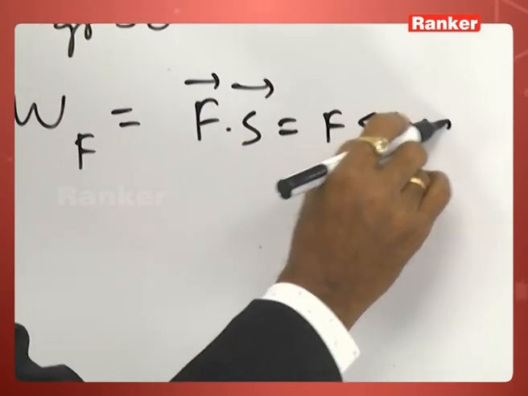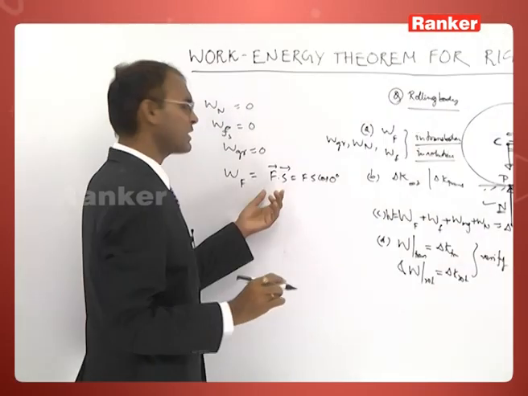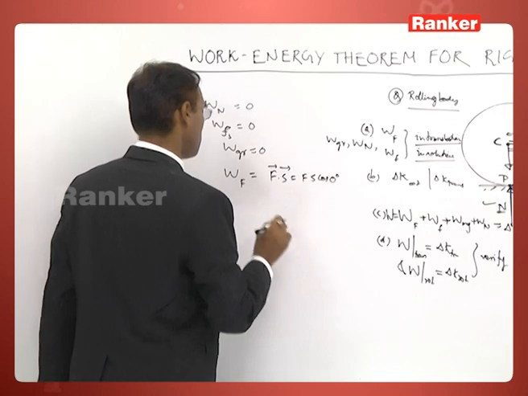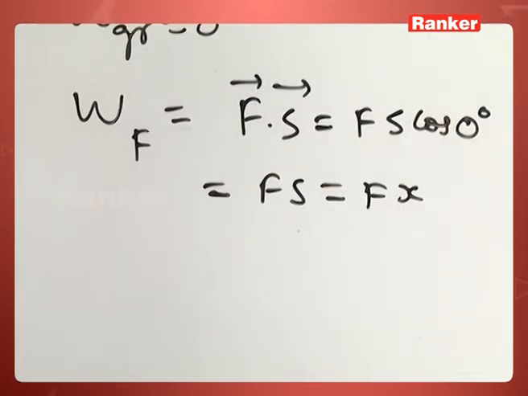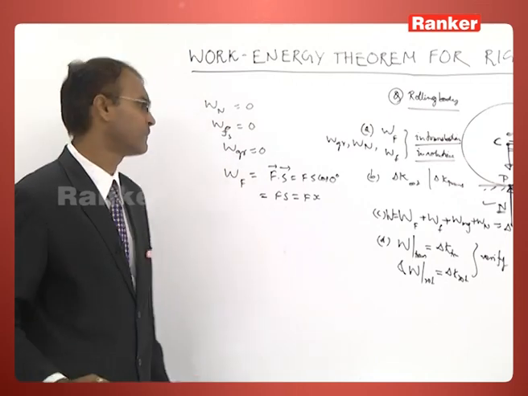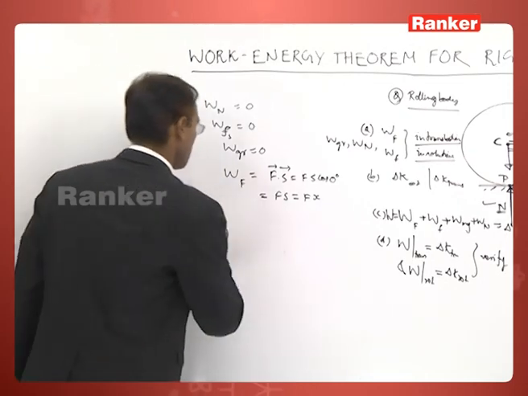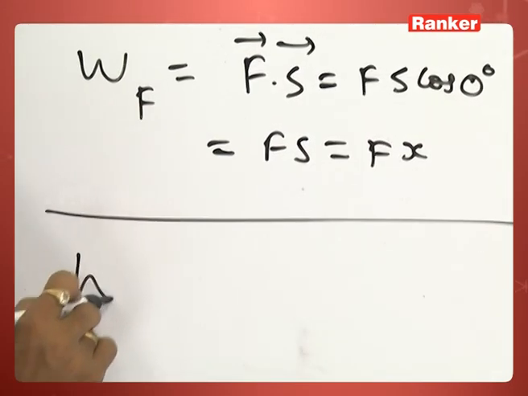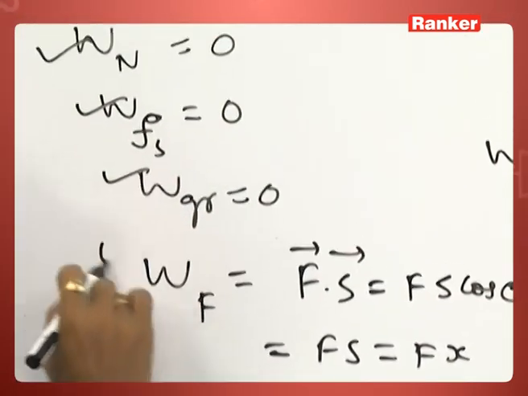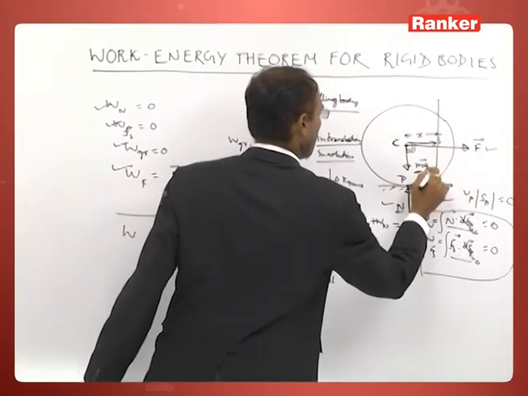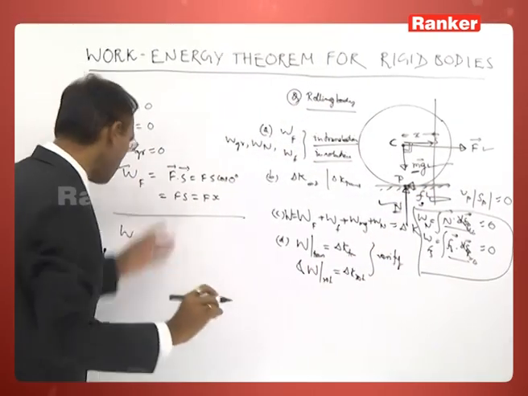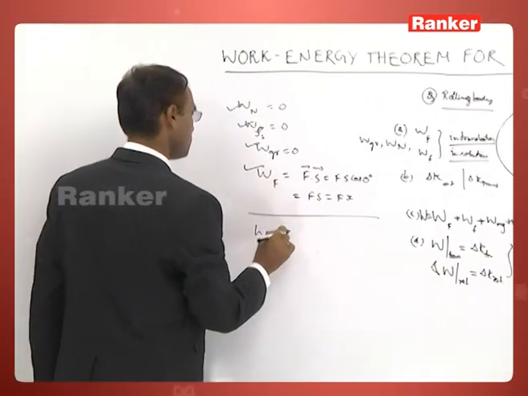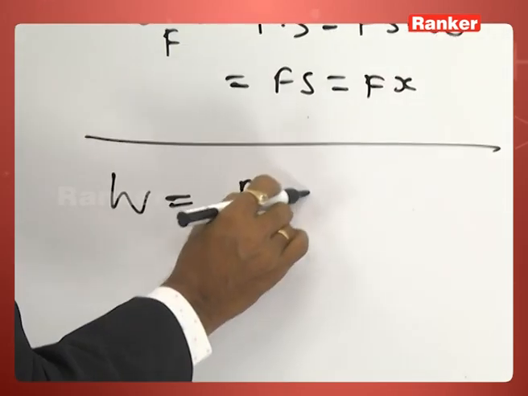F S cos theta, where theta is the angle between these two vectors, F and S, that is 0 degrees. So F into S, but S is equal to x. So the net work done, there are 4 forces acting on the object: 1, 2, 3 and 4. The total work done is equal to F into x.